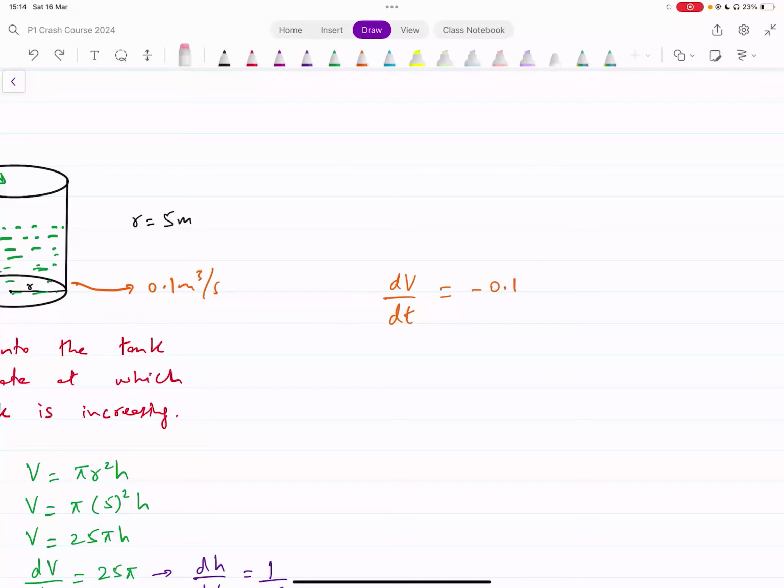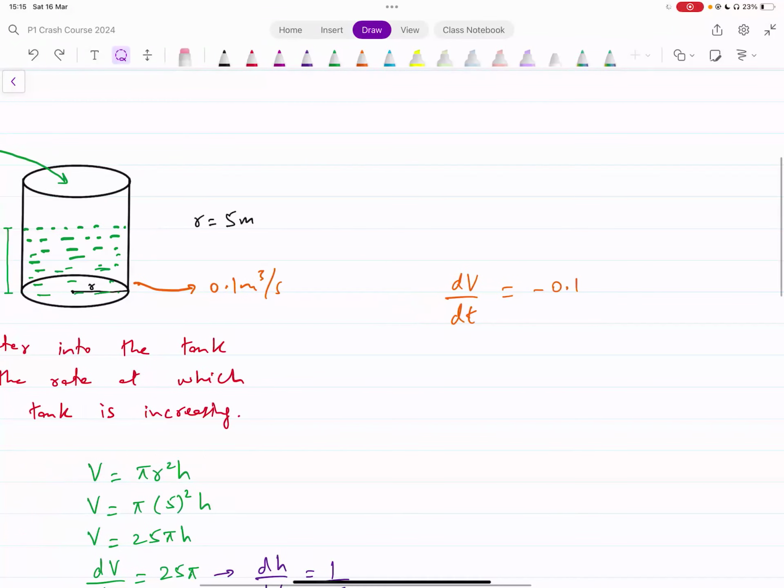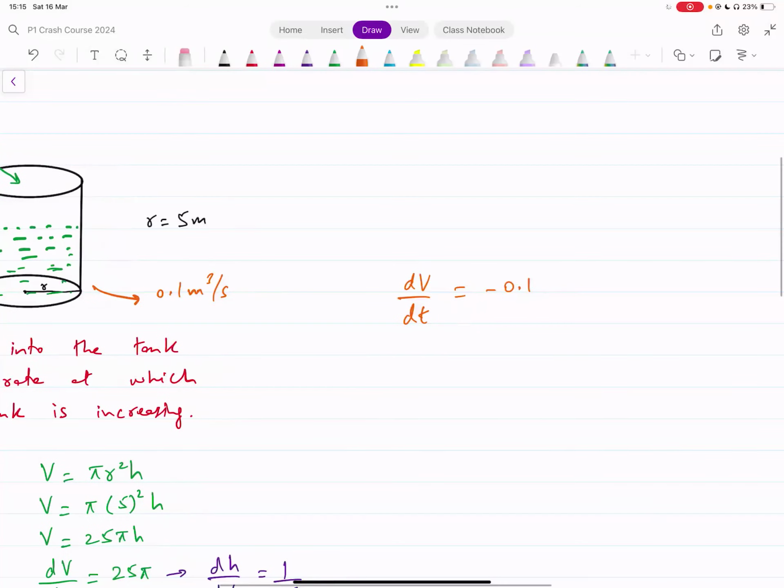Sir, can you explain it again? This part. How is it negative? If you have a container and water is leaking out of that container at some rate, let's say it's leaking out at 0.1 meter cube per second, is the volume of water increasing or decreasing when the water is leaking out?